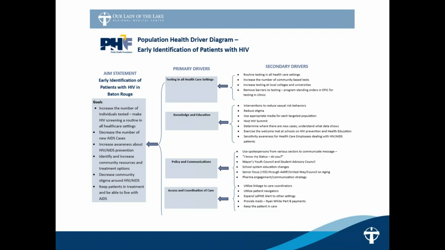You can see on this slide some of the big goals that people were very excited to work on or continue to work on: increasing the number of individuals tested, making HIV screening a routine thing done in all healthcare settings, decreasing community stigma, which was huge, with a really active work group around that, and keeping patients in treatment or in care and being able to live with their disease.